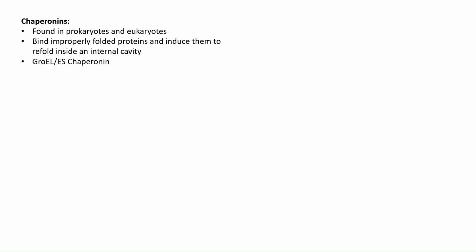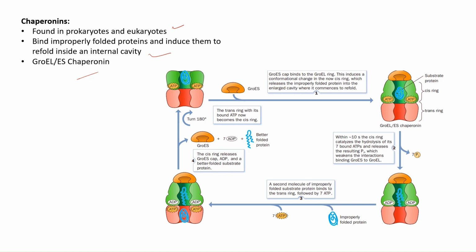Apart from HSP70, one more molecular chaperone is the chaperonins. These are found in prokaryotes as well as in eukaryotes. They bind with improperly folded protein and help in their folding. An example is the GroEL-ES chaperonin. Now how does it work? This structure is GroEL.